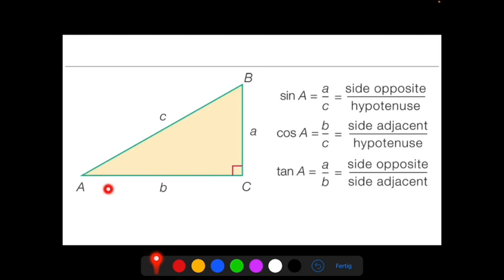Here is an angle, that's point A, that's A, that's B. So A divided by B gives you the tangent of this angle. That's the theory. And A is the side opposite, and B is the side adjacent. I don't know how you say that in English actually, but you know what I mean.